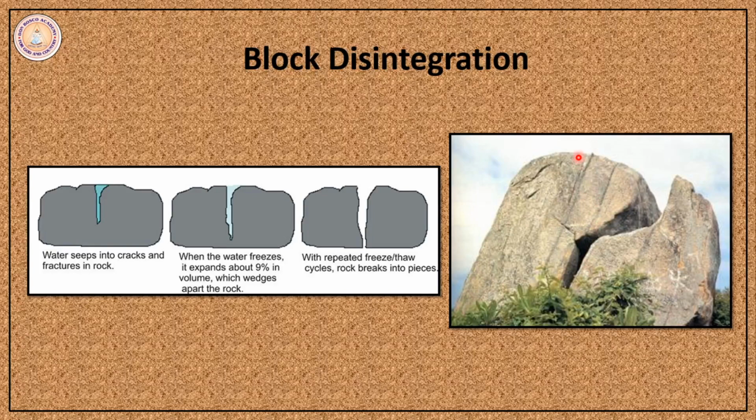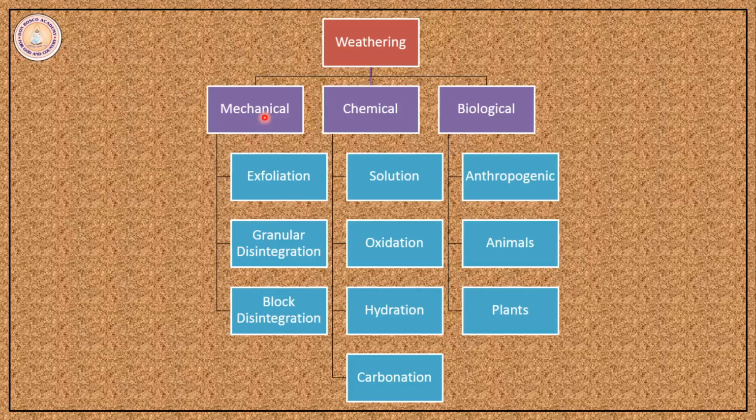That is, the cracks are almost vertical, and that leads to the breaking of the rocks into blocks. So we learn how mechanical weathering occurs. So these are the ways in which mechanical weathering occurs.